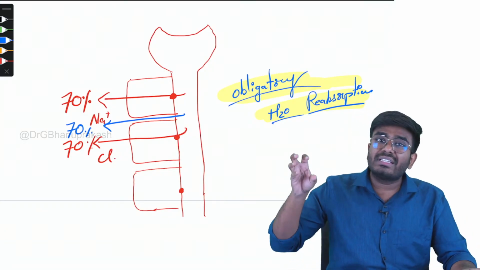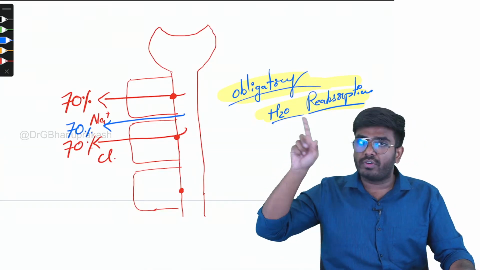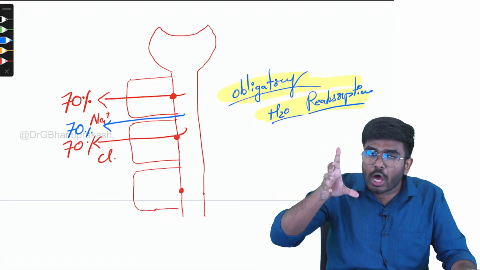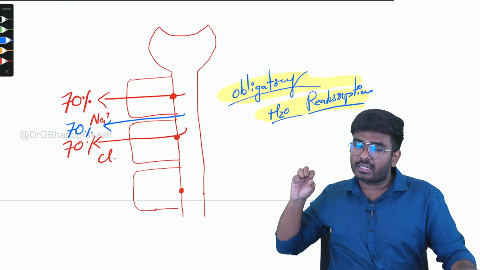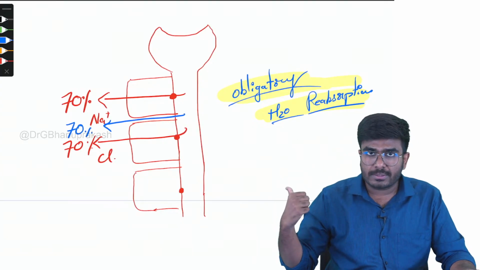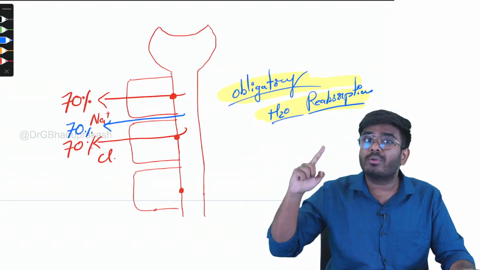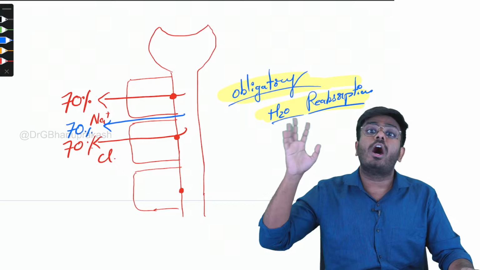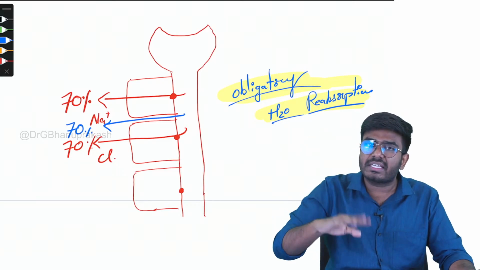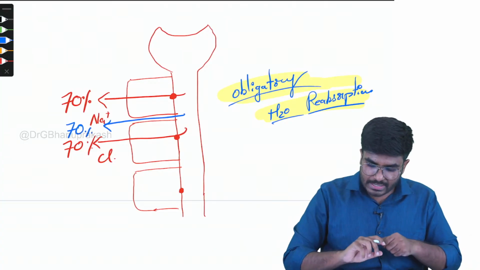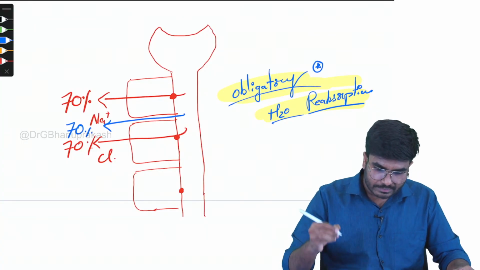Whenever there is antidiuretic hormone, at the end of the lecture we will discuss, that antidiuretic hormone will help in reabsorption of water in the collecting tubules and collecting ducts. That water reabsorption is under the control of hormones, that is facultative. But right now here in PCT there is no need of any hormones for water reabsorption. So this is obligatory water reabsorption.